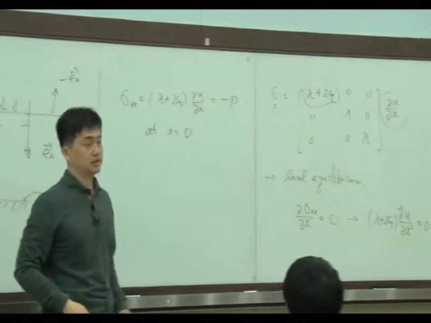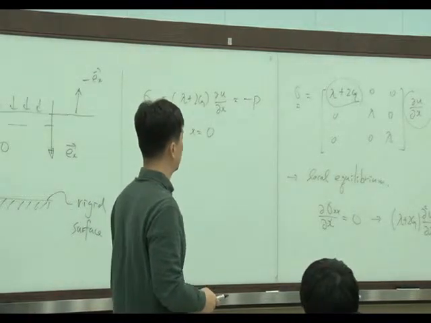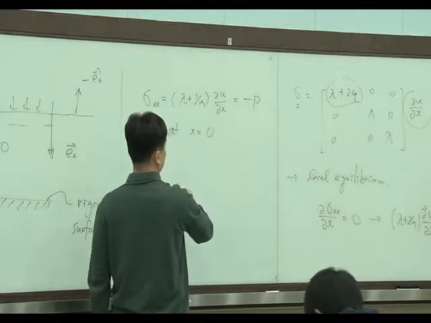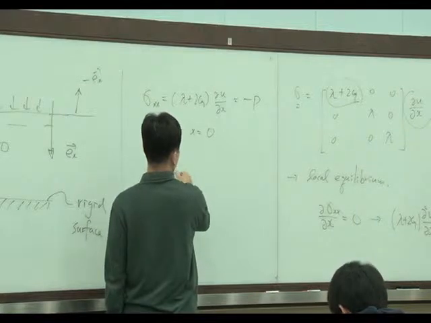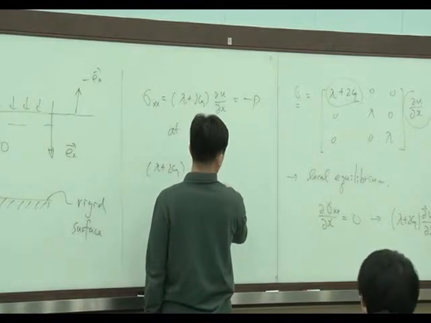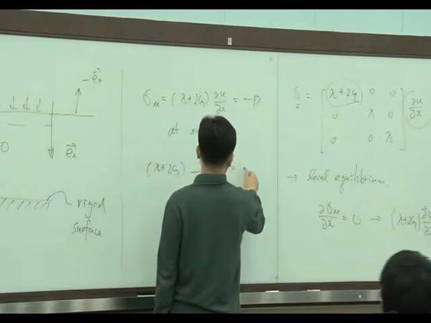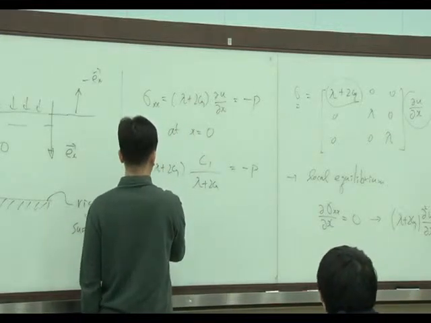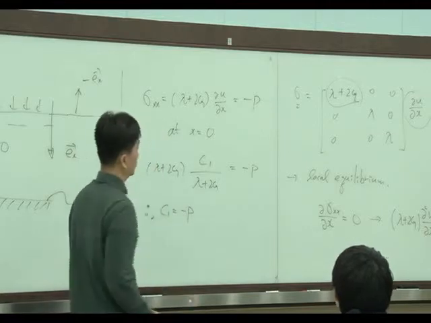Let's use this condition, then we can find C1. So let's put that equation over here: (lambda plus 2G) C1 equals minus P. So C1 equals minus P, right?